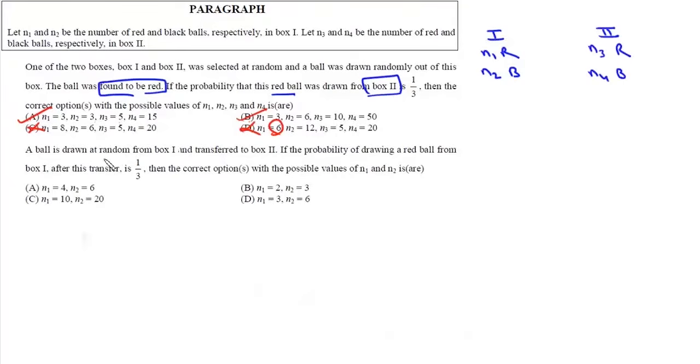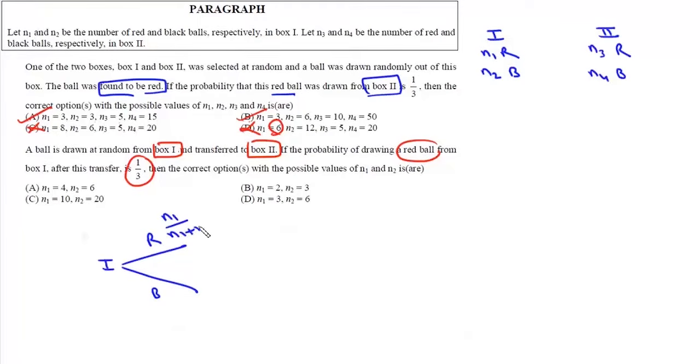Then the second part says a ball is drawn at random from box 1 and it is transferred to box 2. If the probability of drawing a red ball from box 1 after this transfer is 1/3, then the correct options with possible values of n1 and n2 are. Now from box 1, we have transferred one ball. This ball could be red or it could be black. It is red with the probability n1 upon n1 plus n2.